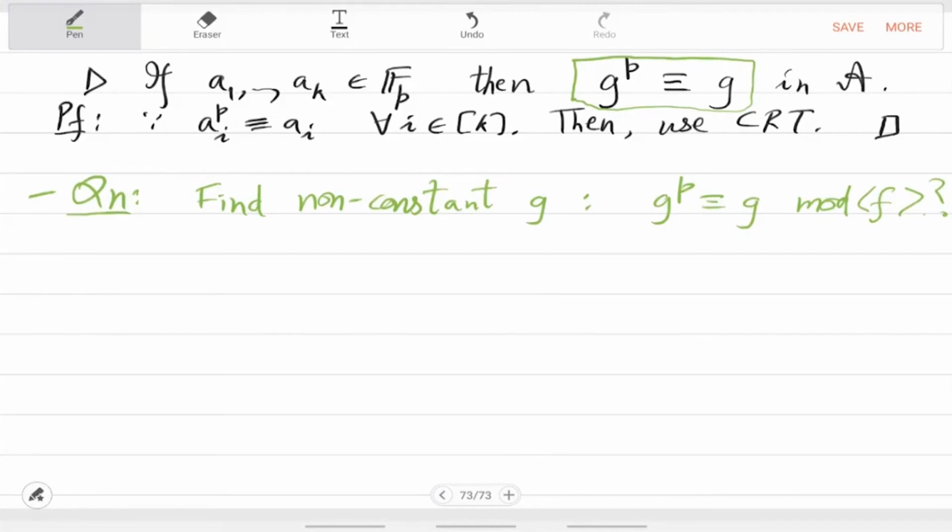Now once we have found it, how will it help in factoring f? So I claim that if you find this g, then you factor f. How? Such a g gives a factor of f.